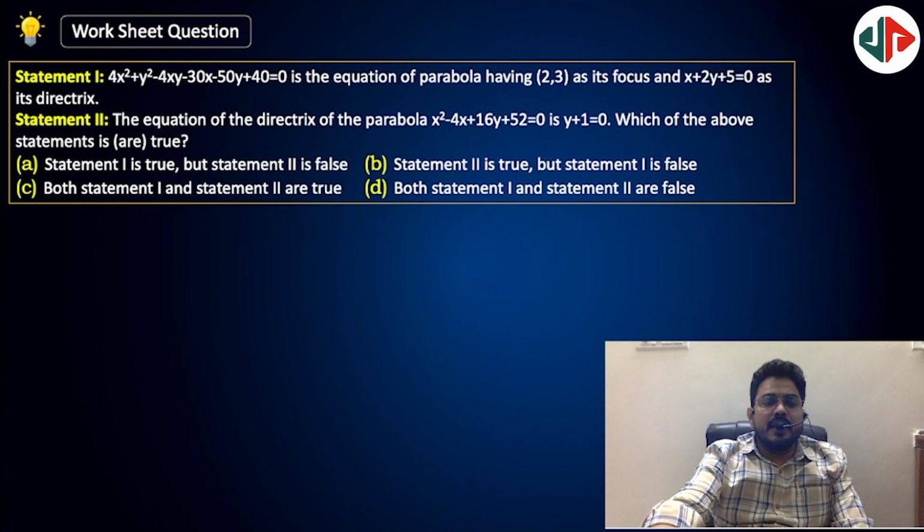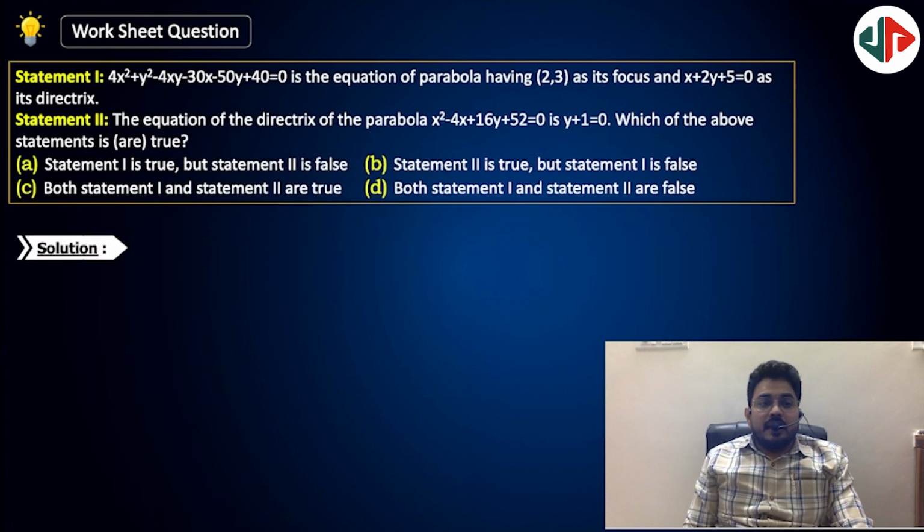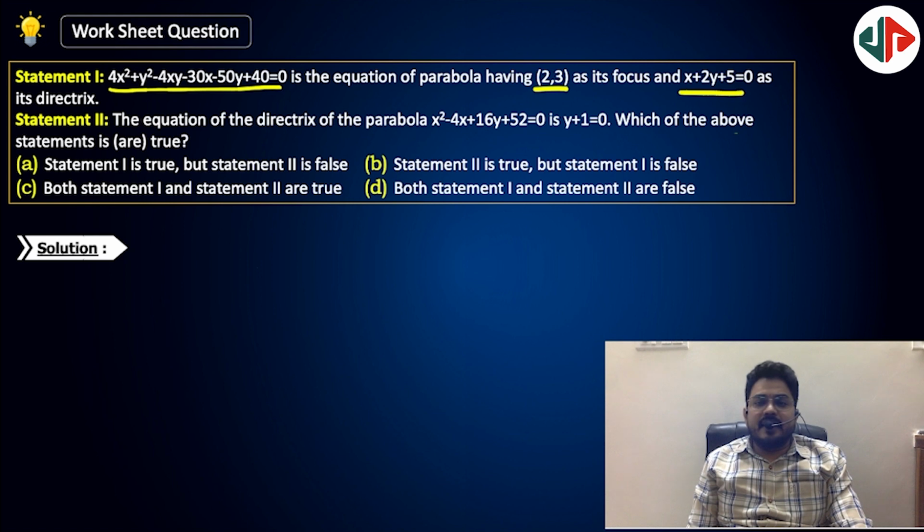Next question is, the statement is there: is the equation of parabola having 2 comma 3 as its focus, and this is the directrix. What is the parabola? SP square is equal to PM square.